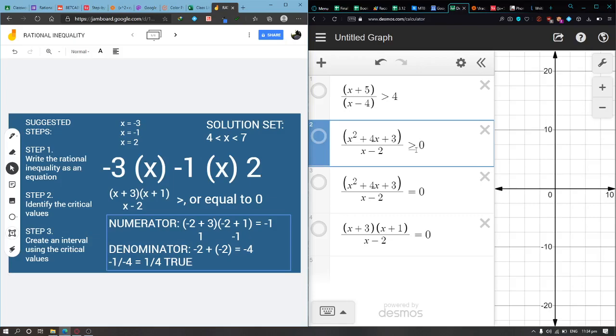Paano kung 4? So, dapat equal doon sa 4. So, dito, sabi niya, x squared plus 4x plus 3 divided by x minus 2 must be greater than or equal to 0. Okay.